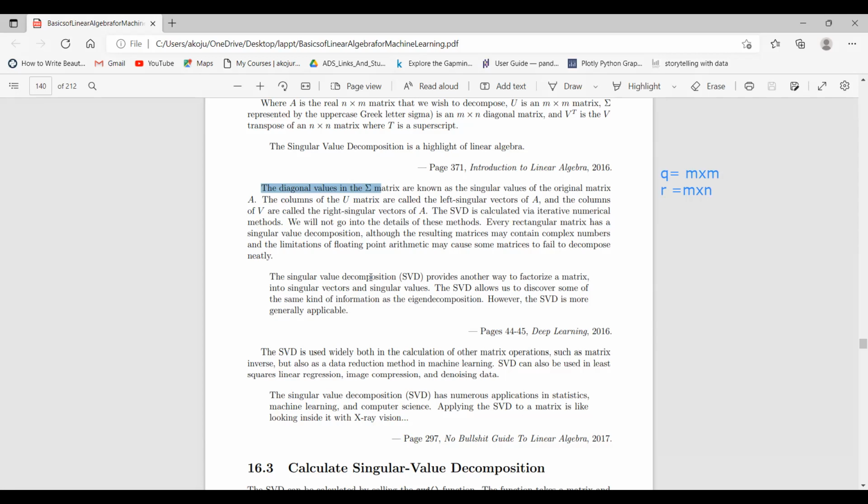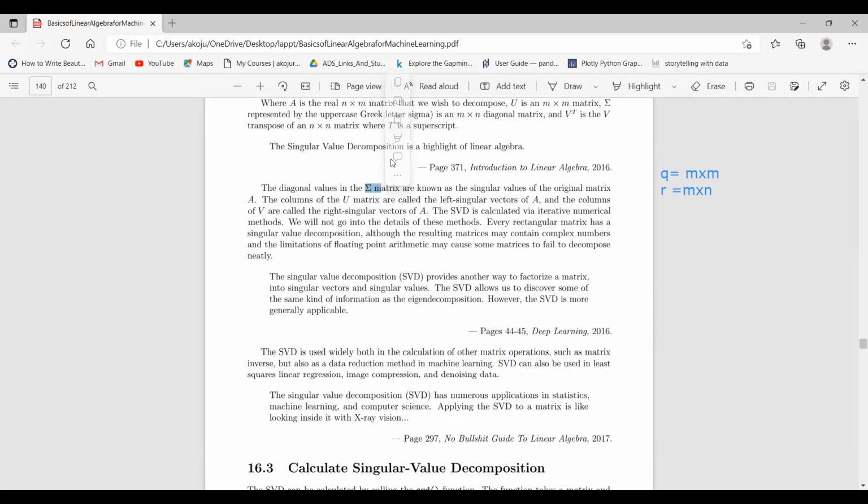Now, how are we decomposing it? We are decomposing the original given matrix into some singular matrices. Then we call it singular value decomposition. The columns of V are called the right singular vectors of A. So we are trying to make the left singular matrix and right singular matrix from the original matrix, and we are forming another matrix, sigma, which holds the diagonal values.